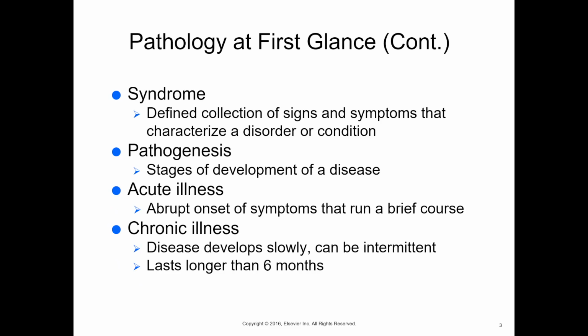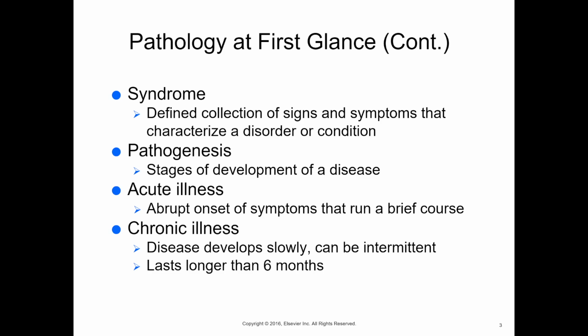A few terms to define. Syndrome is the collection of signs and symptoms that characterize a disease. So you might hear something called like Sjogren's syndrome, right? There are a list of signs and symptoms that are used to diagnose that syndrome. Pathogenesis are the stages of development of a disease.